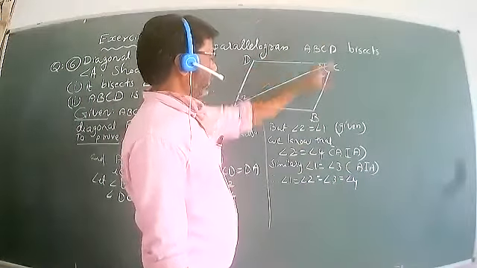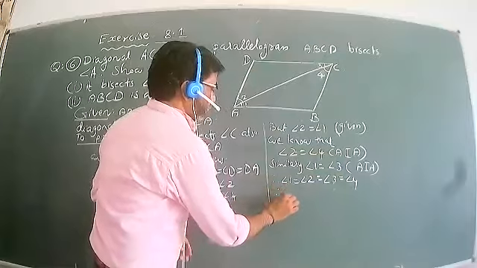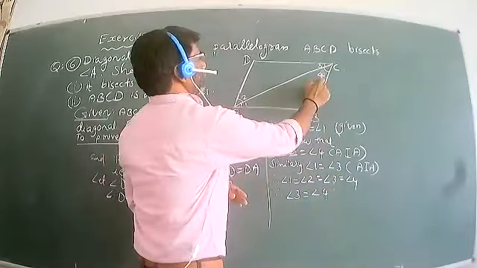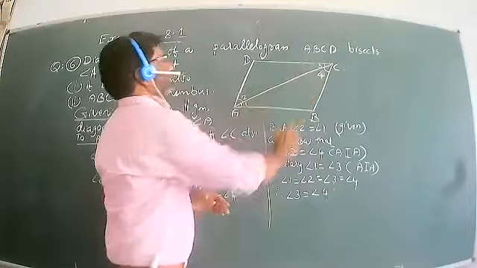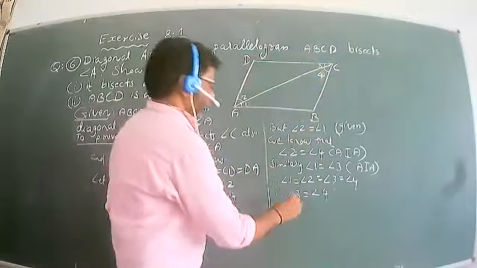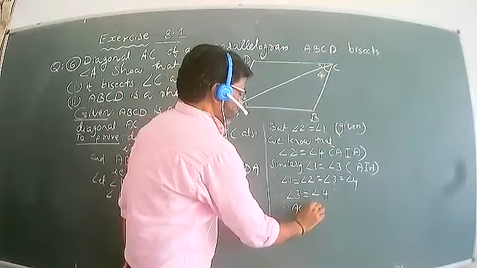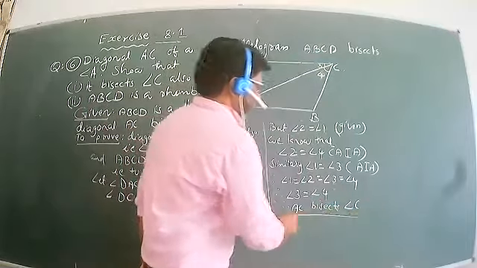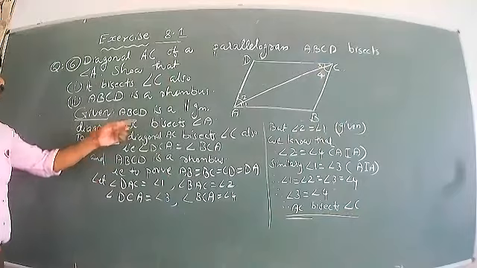That means 3 and 4 are equal. Therefore, angle 3 is equal to angle 4. If 3 and 4 are equal, the meaning is that the diagonal AC bisects angle C also. Therefore, AC bisects angle C. So, first part we have proved.